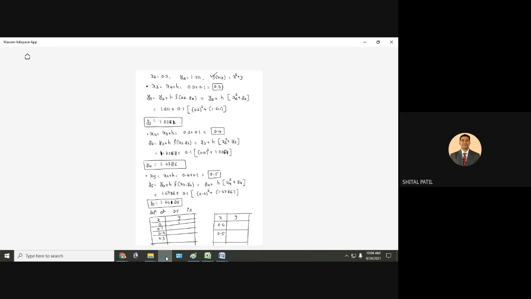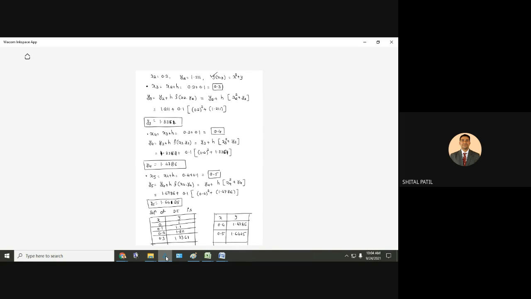When x equal to 0.1, y is 1.1. Then 1.211, 1.3361, 1.4786, 1.6425. This is the solution. Hope you might have understood it.